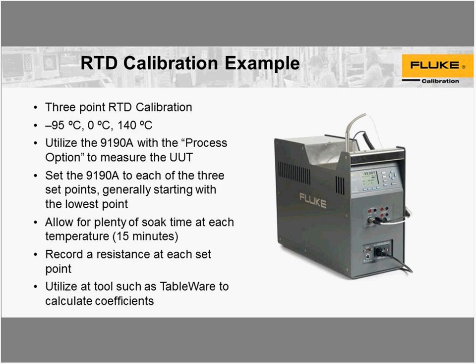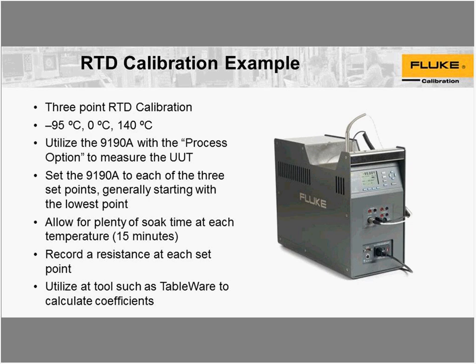It usually makes for a quicker transition within the heat source itself versus going hot to cold. We would set our point at the cold point, let it reach temperature, allow it to soak for 15 minutes or so, and then record the reference temperature and our UUT's output resistance. We would write this down.